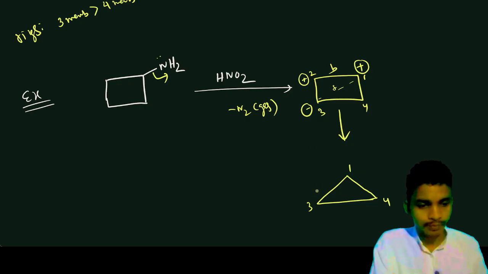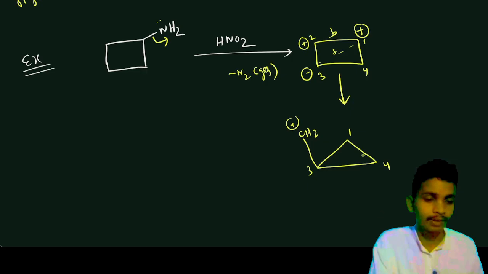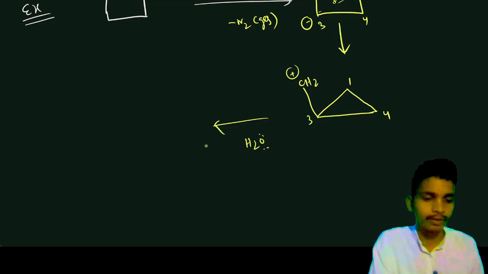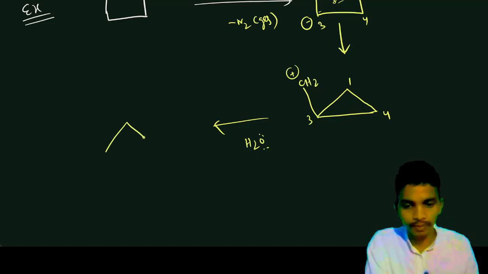So here the 2 is there, and this is the CH2 with the positive charge, because this 1,2 bond has broken. I explained that ring expansion in the previous class. So it is going to be like this. Now after that, water is there, so water will attack. It means we can write this one also like this.